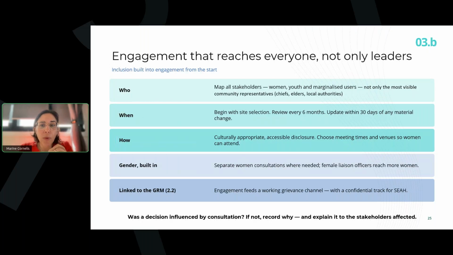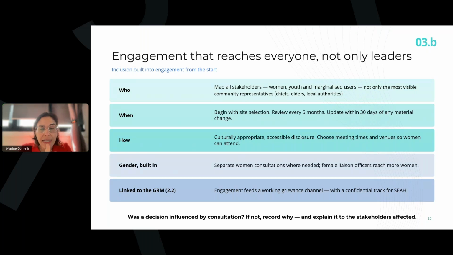Then we move on to 2.1, which is about stakeholder engagement. The stakeholder engagement plan answers 3 questions: who, when, and how. Who? You must map everyone affected: women, the youth, generally speaking, the users too often left out, and not only the most visible representatives, such as the chiefs, the elders, or the local authorities.